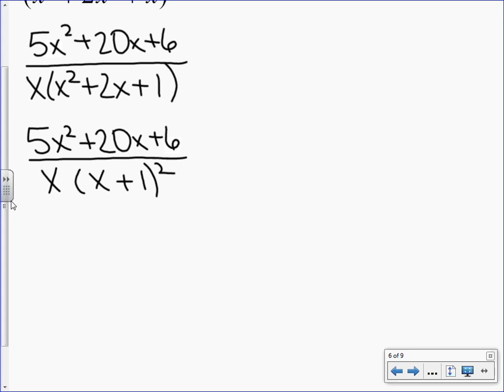Nope, we don't have to do anything to the top. Okay? All right. How many factors do we have in the denominator? 3. So we are going to add 3 fractions together.